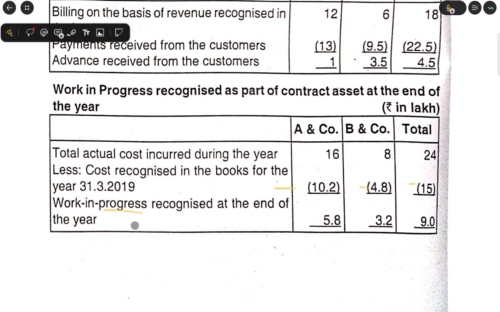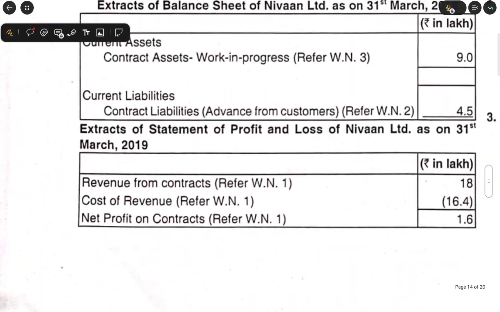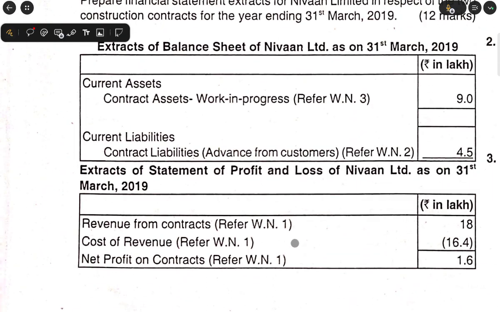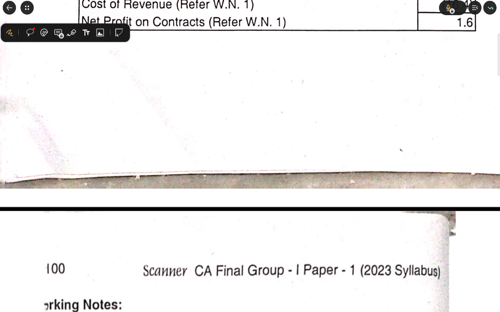Work in progress recognized at the end of the year: cost recognized is 5.4, 5.8, 3.29. From this the total contract liability is 4.5. Extent of profit on the last statement: revenue from contract 18, cost of revenue 18.9, net profit 1.6.